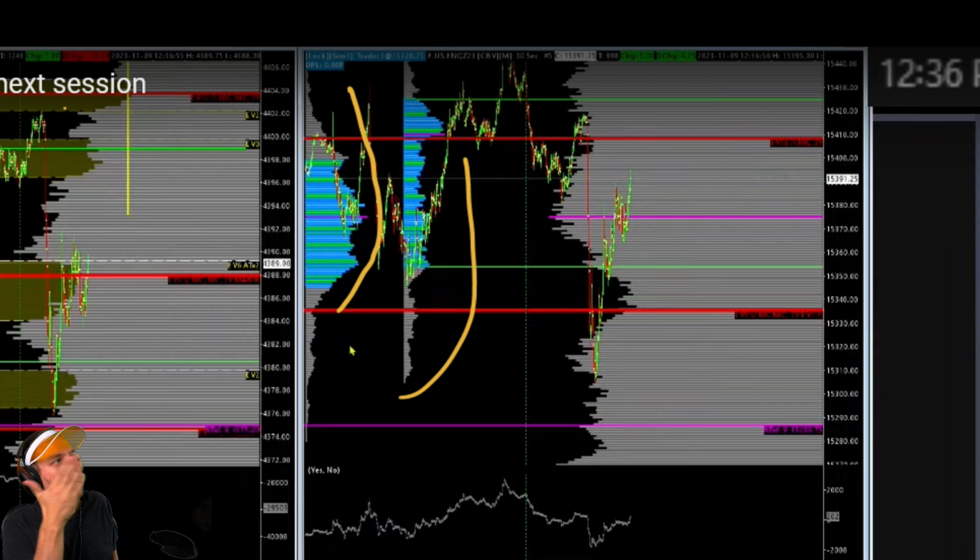So this profile on the left right up here, that one is like 3 days or something like that. And it's comprised of thousands and thousands of contracts. Whereas I want to see if I'm measuring more recent price action.